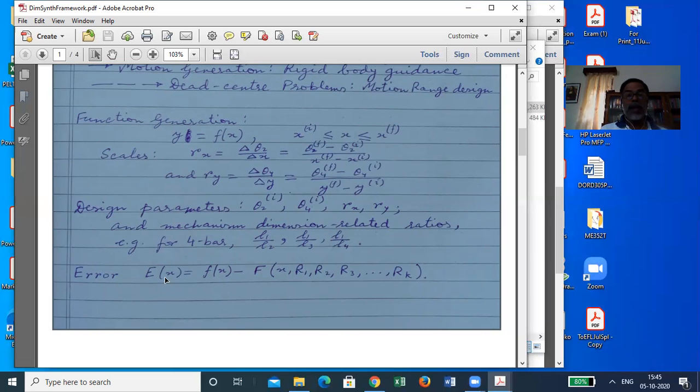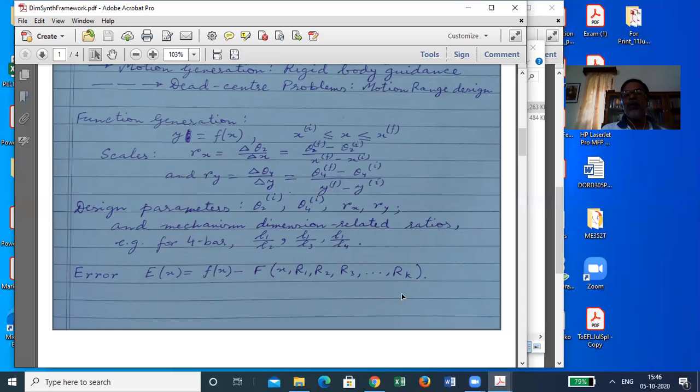Now, where a function has in its domain infinite points, infinite values of x continuously, you say that if we could match the requirement with what we get at a number of values of x, then we say more or less whatever we wanted, that is what we have got. So that is the typical process, whether you do it geometrically, analytically, computationally, whatever, that is fine.